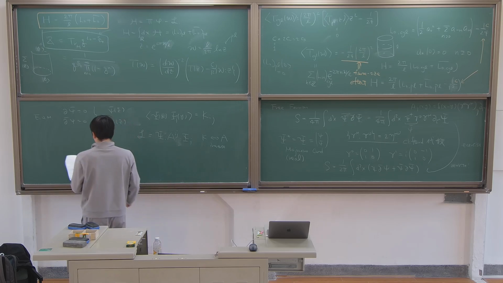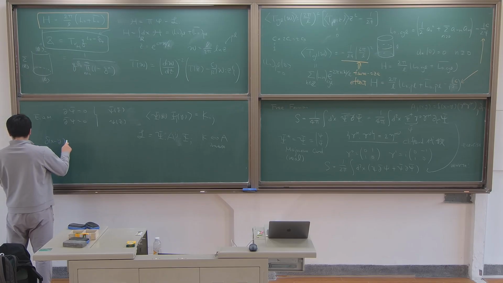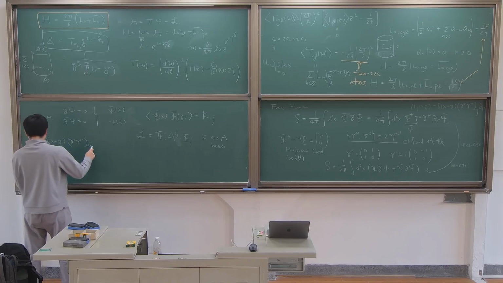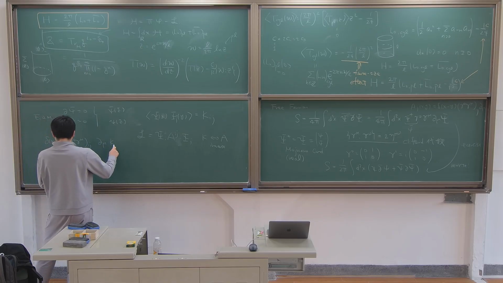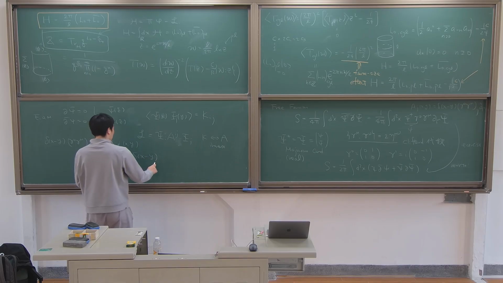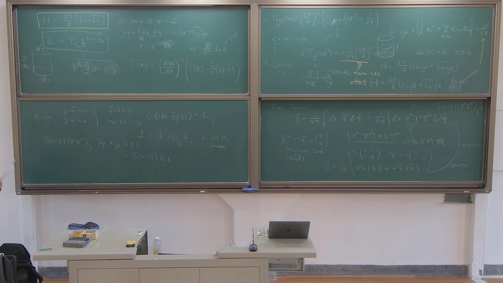So what we have is essentially delta(x minus y), gamma 0, gamma mu, partial mu, and K_jl(x,y) is equal to delta(x minus y) delta_ij. That's what we have.